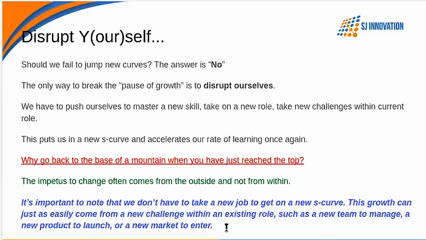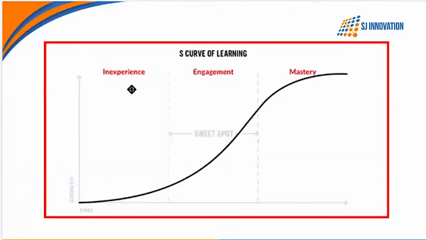Each of us is in a different field, so a new skill which may not be listed over here can help us start a new S curve. So the whole idea of this slide is that we must start identifying our S curves: at what skill where I am, whether I'm at the inexperienced stage, in the middle of the curve, or almost approaching mastery.